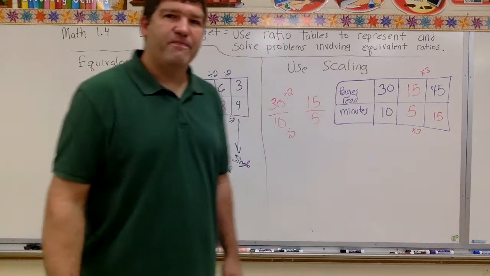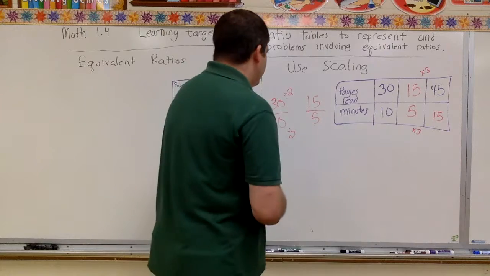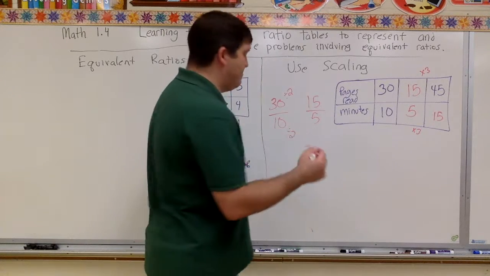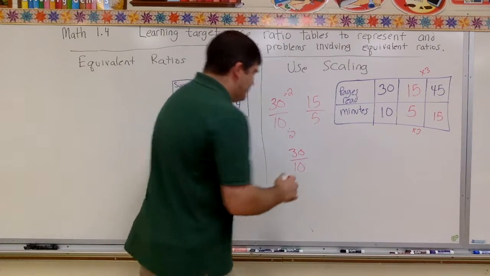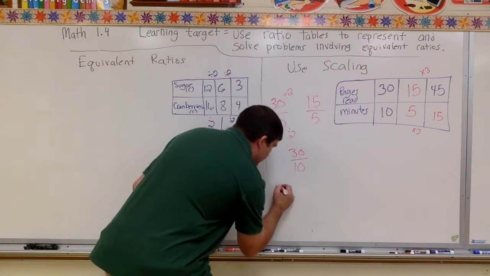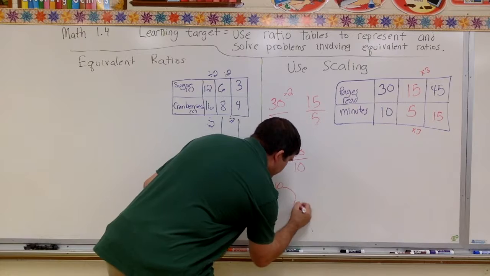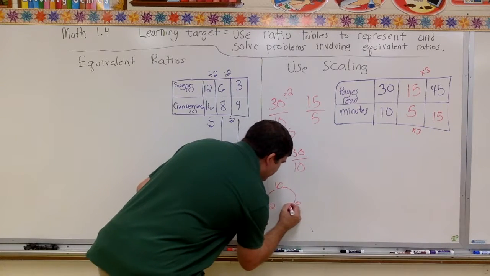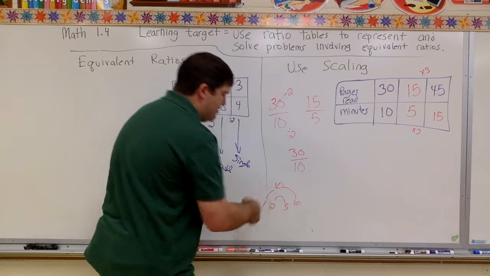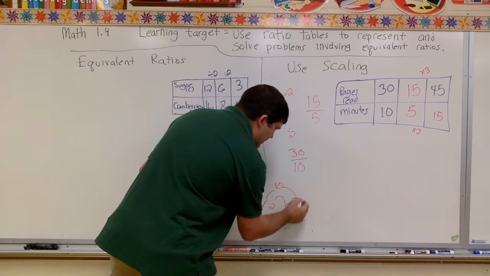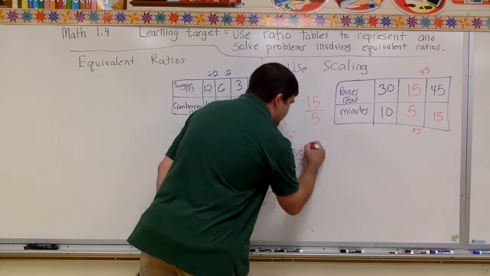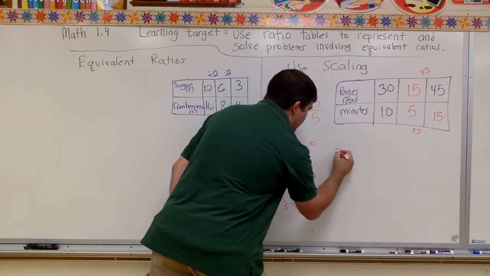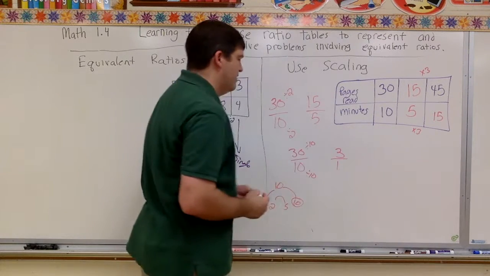The other way to do it is to take this to the simplest. 30, 10. I do my greatest common factor. The factors of 10 are 1, 2, 5, 10. Does 10 go into 10 and 30? Sure does. So divide this by 10, divide this by 10, I get 3 over 1.